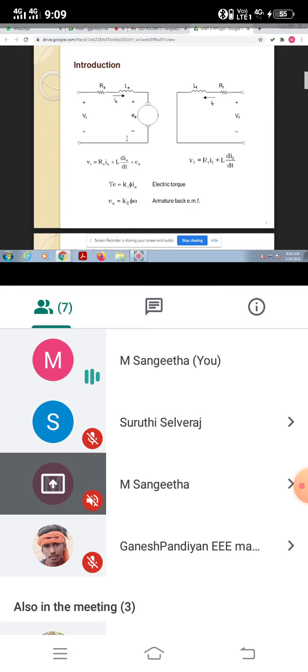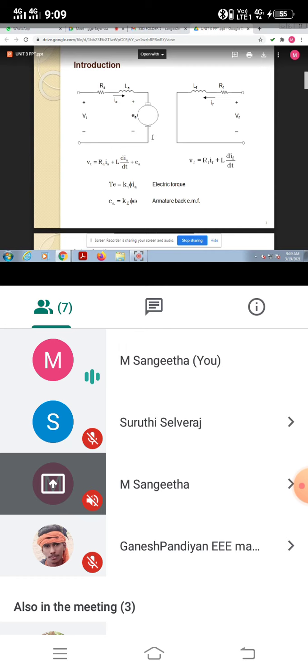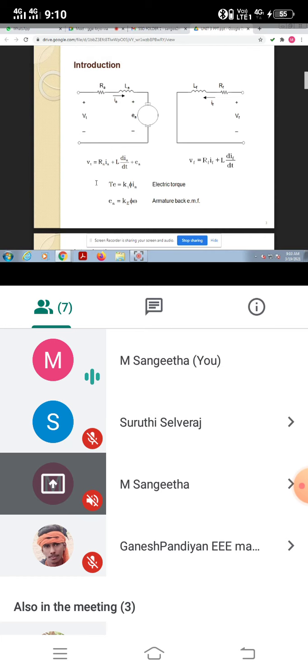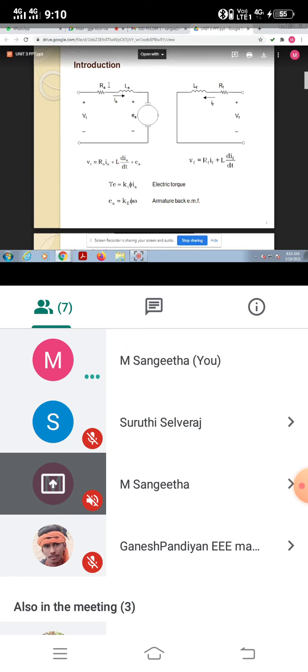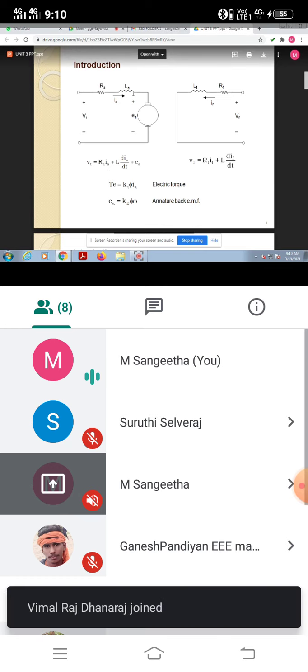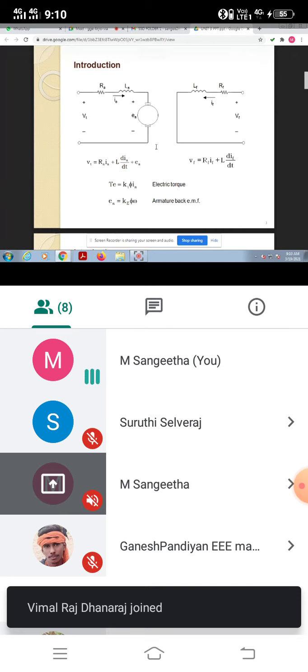Now we are responsible for converting this equivalent circuit into a mathematical formulation. The terminal voltage, or output voltage, is the voltage connected across this equivalent circuit. Here there is one armature resistance, armature inductance, and one motor.